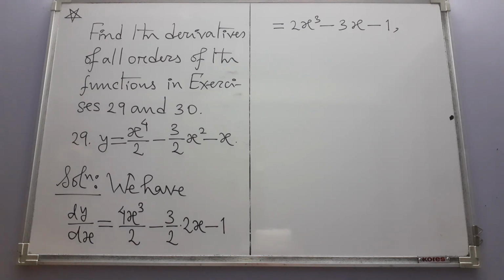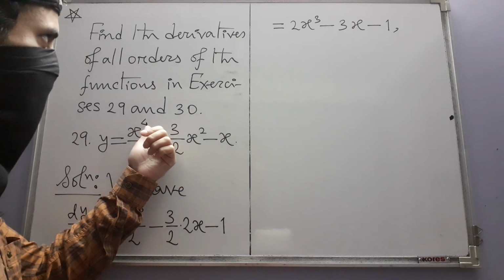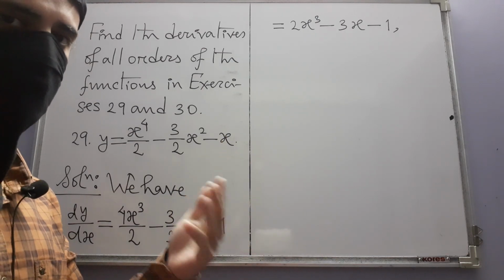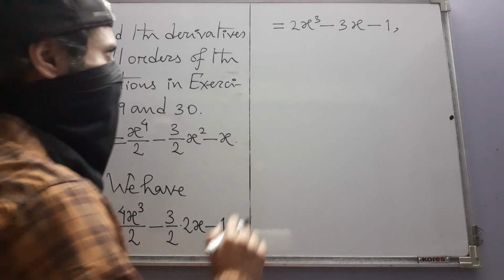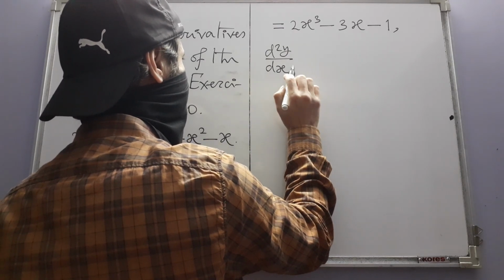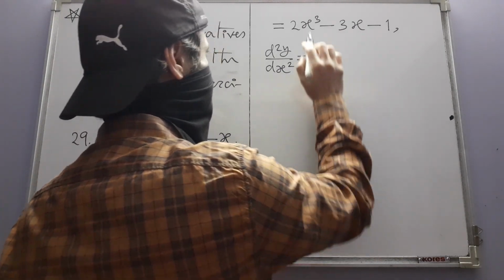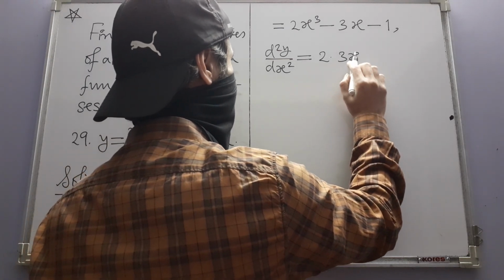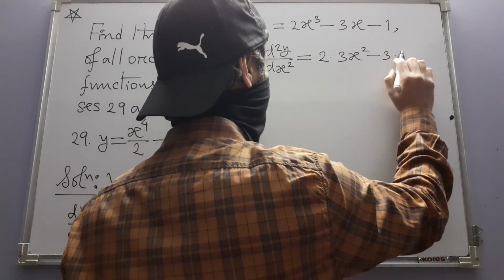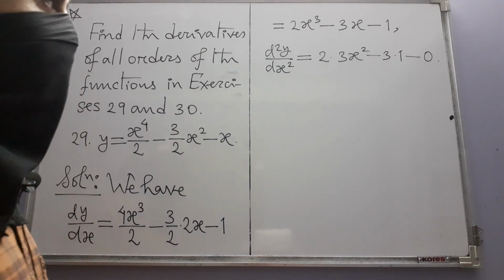So you can see one thing, that differentiating the original polynomial function which had degree 4, we now have again another polynomial function, but its degree is 3. So degree has been reduced by 1. This means that if we next find the second derivative, the degree will again be reduced by 1, and that actually is true. 2 times the derivative of x cubed is 3x square, minus 3 times the derivative of x is 1, minus the derivative of 1 is 0 by the constant rule.